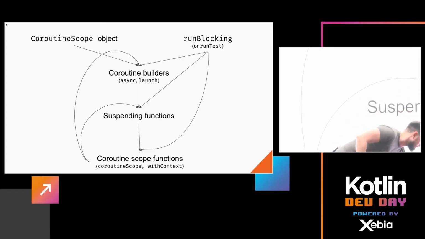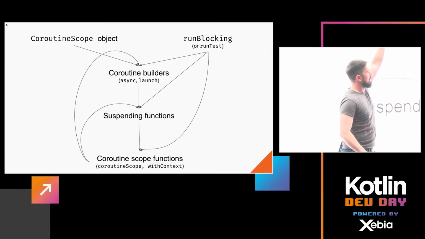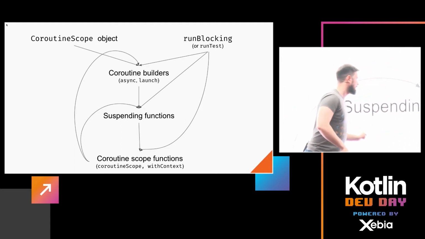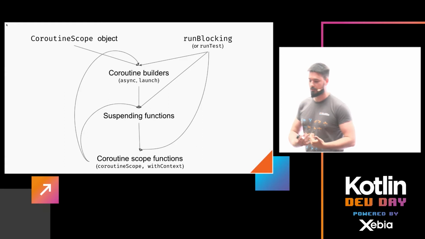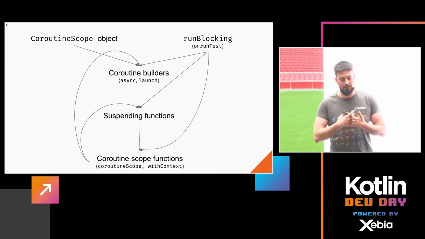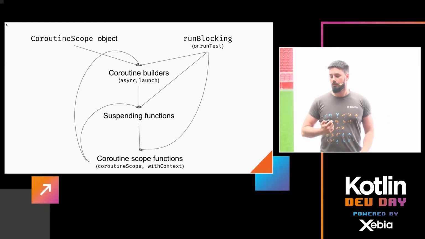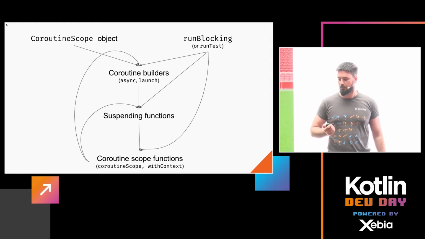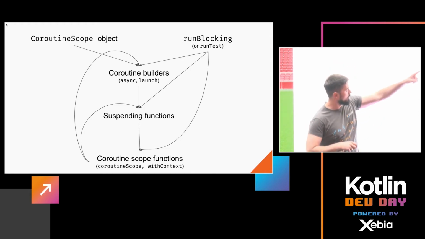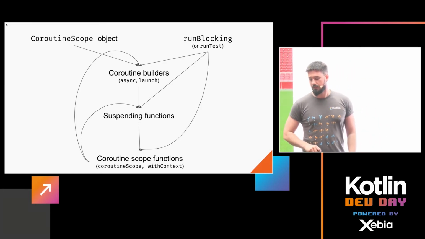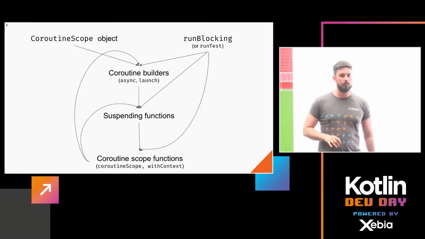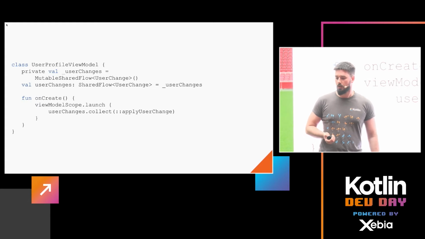So what do we do? We use a scope function like coroutineScope, and we can create a builder like async or launch, and call some suspending functions. This is how our program looks. I hope it will get clear once you have some more experience with coroutines.